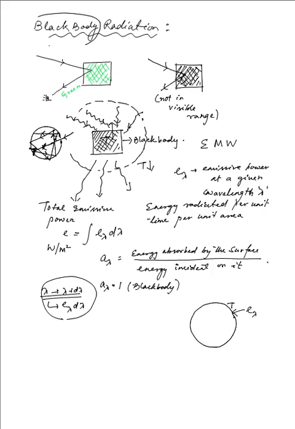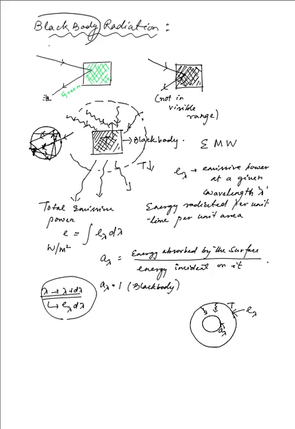And now it has a body inside it, and this body has an absorptive power of A lambda. A lambda is the absorptive power of the body placed inside, and E lambda is the emissive power of the enclosure. Obviously this enclosure will be giving away the radiations or energy to that body, which in turn will be absorbing them.